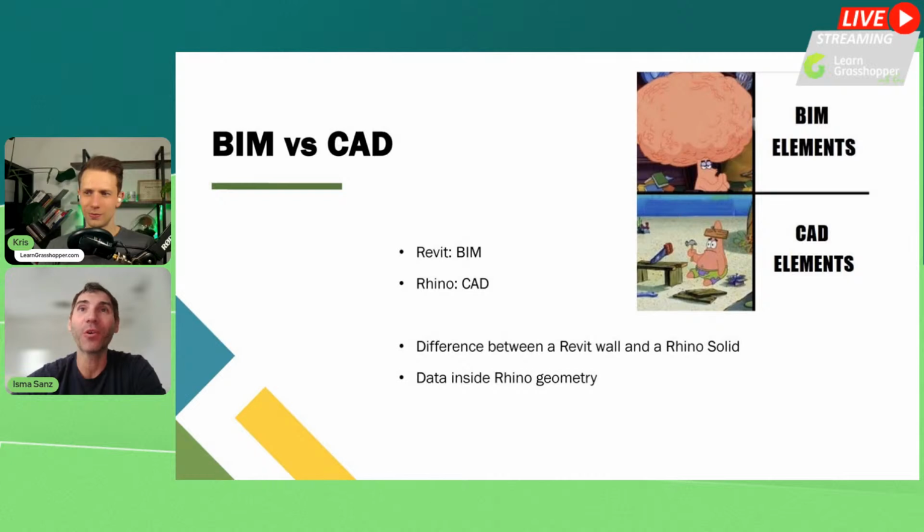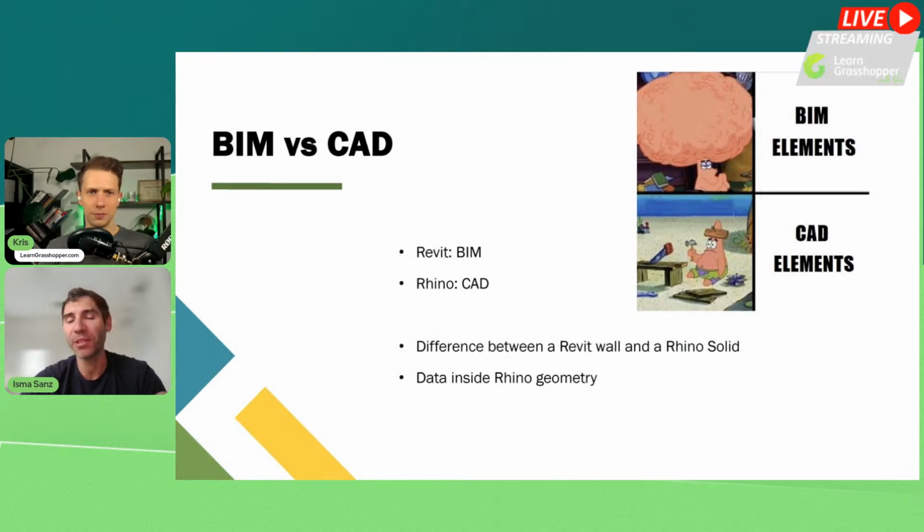Right. So, first things first. What is the difference between a BIM element and a CAD element? Revit is BIM. AutoCAD and Rhino are CAD. You can think of CAD as a program for geometry management, so mostly you're going to be dealing with geometry.